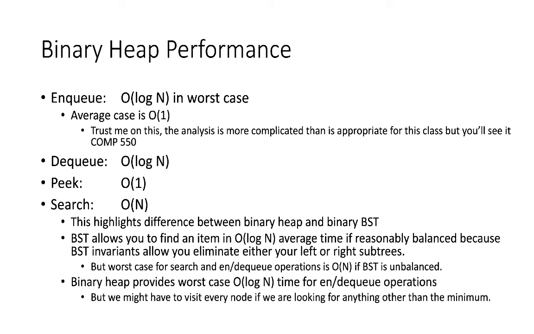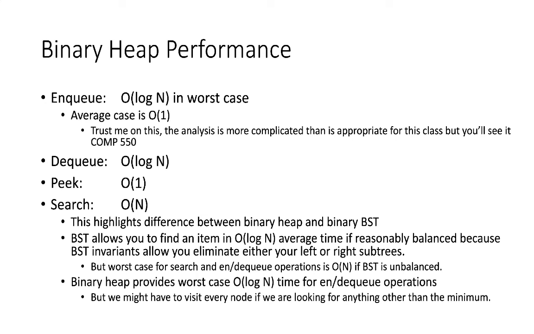Dequeuing is log n, again, worst case, and because we're always taking the top item, the root, that's the item we're dequeuing, and then we're always moving the last item from the heap. We're always promoting it to the root and then bubbling down in order to fix the invariant.